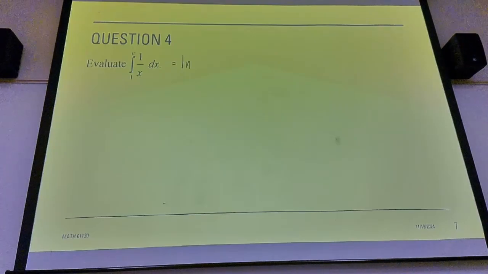I agree it's natural log of something. For this particular problem, you're not incorrect. It will be natural log of x. But that's not the antiderivative. Okay.